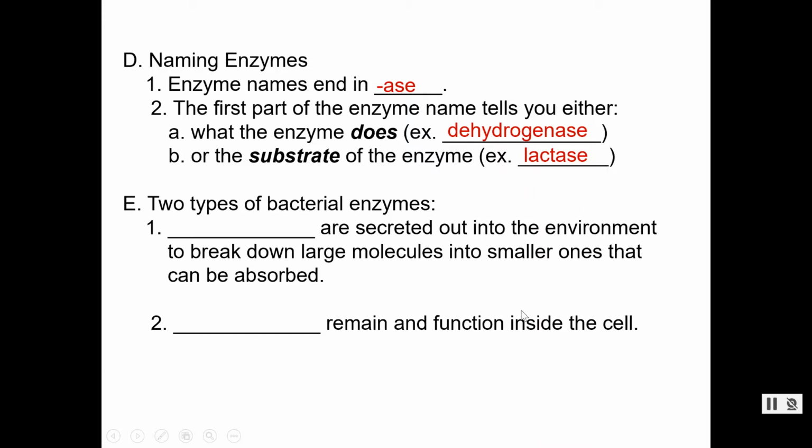Dehydrogenase is an enzyme. What do you think that one does? That one actually removes hydrogens, and there's an enzyme that humans make, produced in our liver, called alcohol dehydrogenase. And what do you think that does? That is an enzyme that removes a hydrogen from alcohol and converts it into something else.